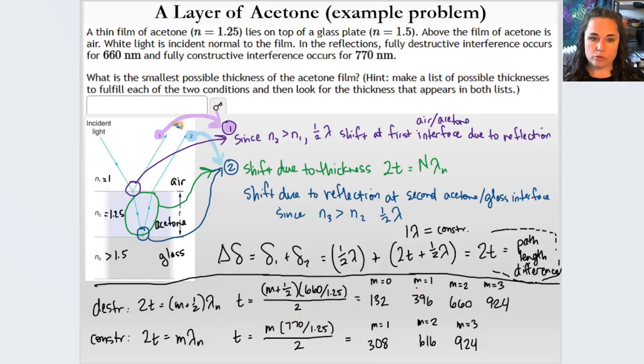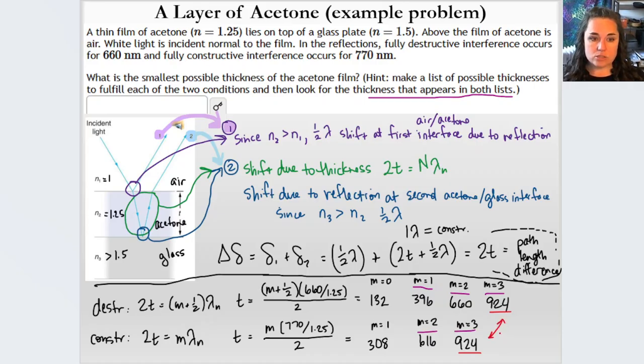So when I go through here, I kept calculating m1, m2, m3, and I notice that, oh, look at that. Make a list of the possible thicknesses of each condition and look for the thickness that appears in both lists. So when I get to 924, you all see m3 for destructive at 924, and m3 for constructive at 924.